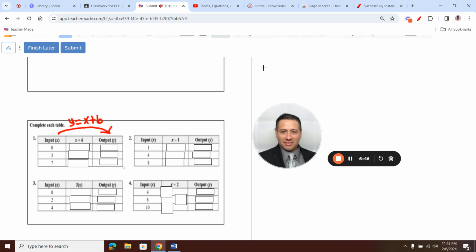So all I want you to do in this case, you're going to click here, and let me go back to this. They already told you that x is 0, so all I'm going to do, I'm going to change the letter x to 0. 0 plus 6, and then you're going to tell me it's 6.